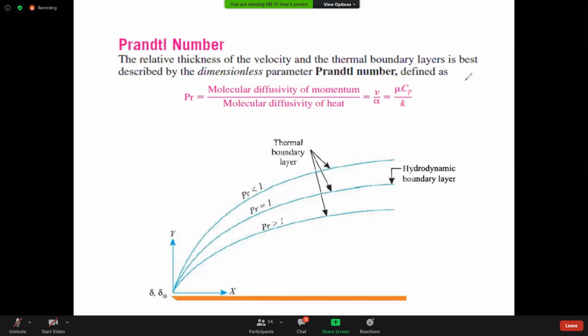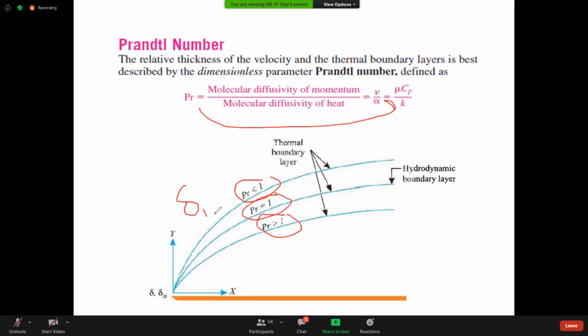And this is the variation of thermal boundary layers: this one is for Prandtl number less than 1, this is equal to 1, and this is for greater than 1. Now you differentiate. Prandtl number greater than 1 means the thermal boundary layer thickness is less than the hydrodynamic one. I'll discuss this differentiation again in the coming classes.